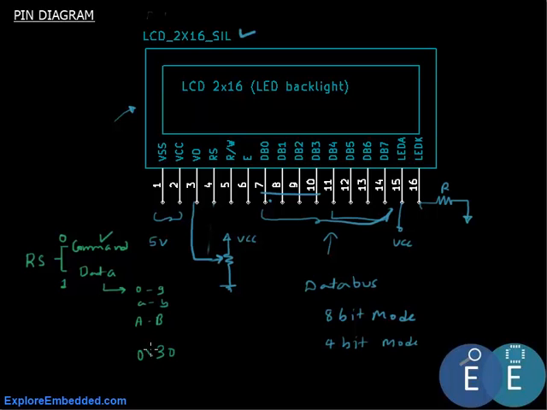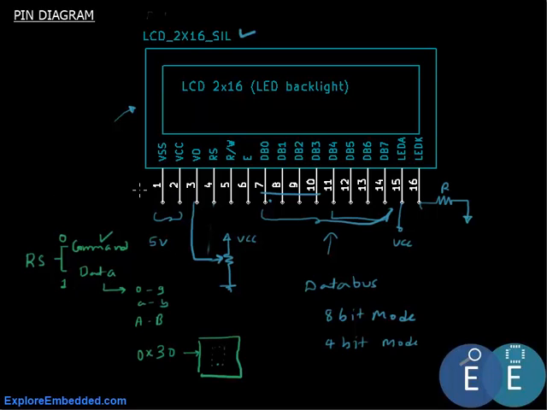So if we send a hex 30, the character generator inside the LCD, we'll discuss this, converts it to a matrix of dots, and then it displays 0 on the LCD. So this is basically the data for the LCD. When the register select is 0, we send a command. When it is 1, we send data.